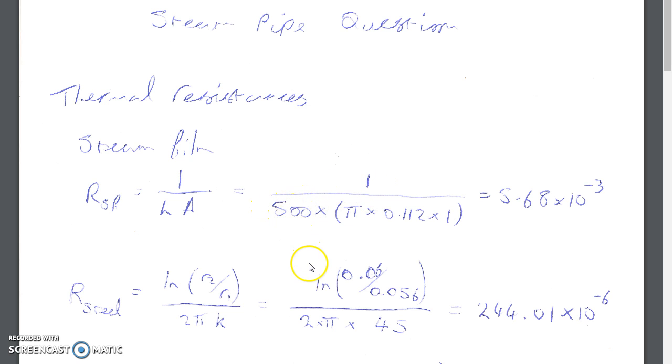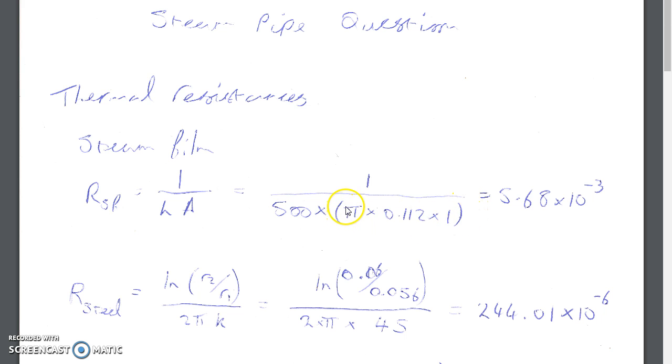Now that's the heat transfer coefficient between steam at 200 degrees and steel. If the steam was at a different temperature or in a different state, it would be different. So remember, this is just a characteristic of that steam at that temperature with that steel and that surface finish.